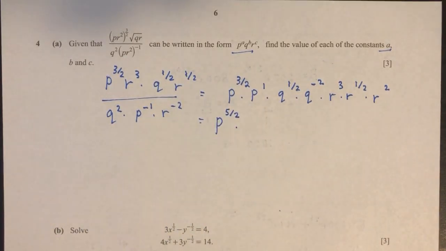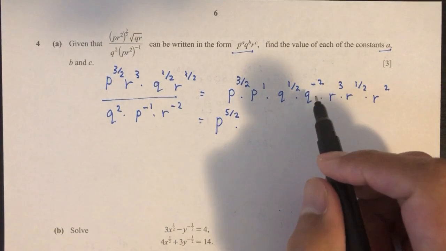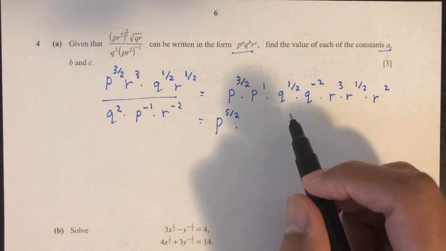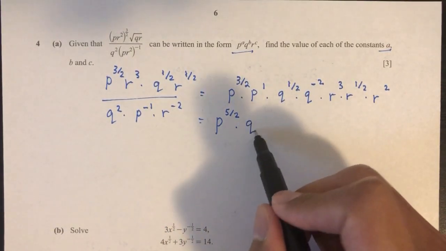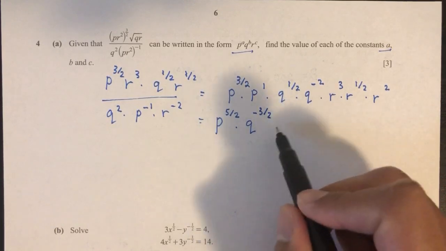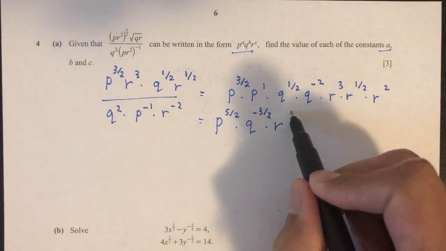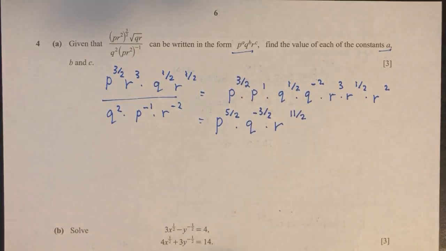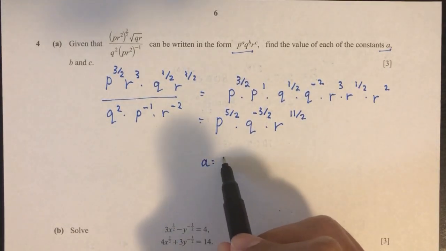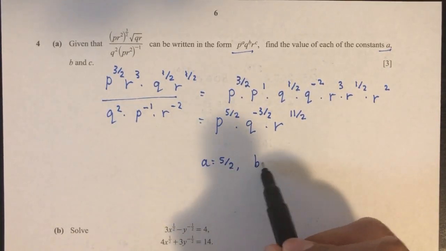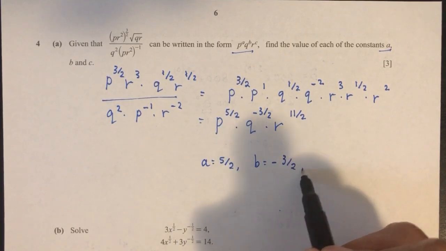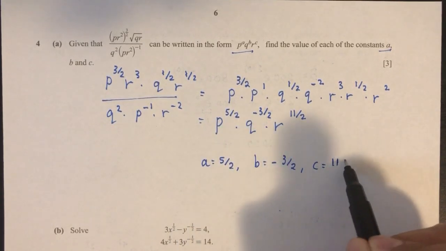Here we have half minus 2, that will be minus 1.5, which is q^(-3/2). And last one, r, we have 5.5, which is 11/2. So values of A will be 5/2, B is minus 3/2, and C is 11/2.